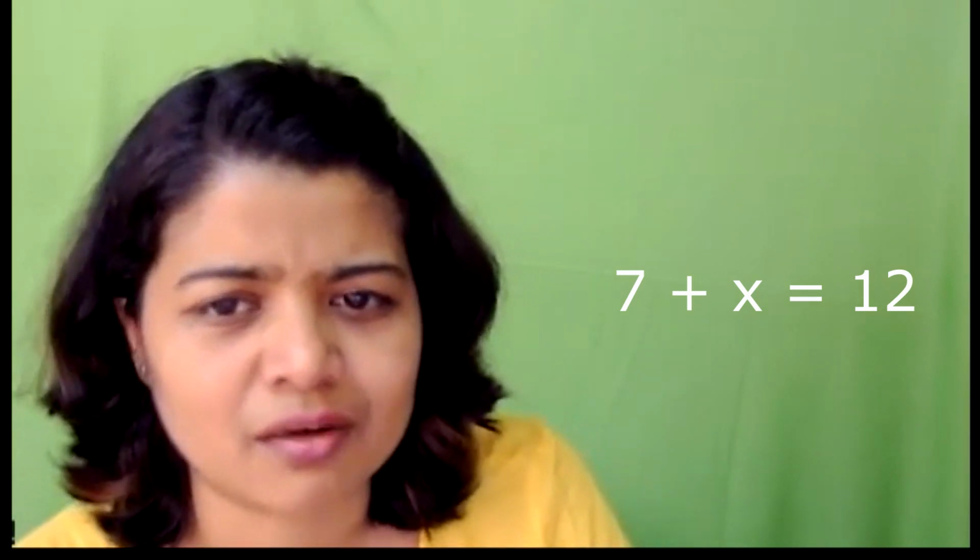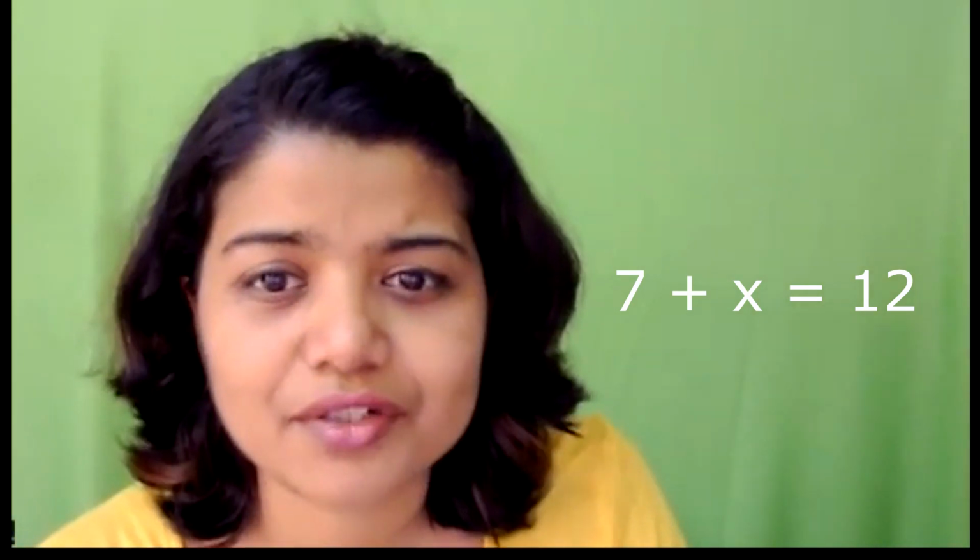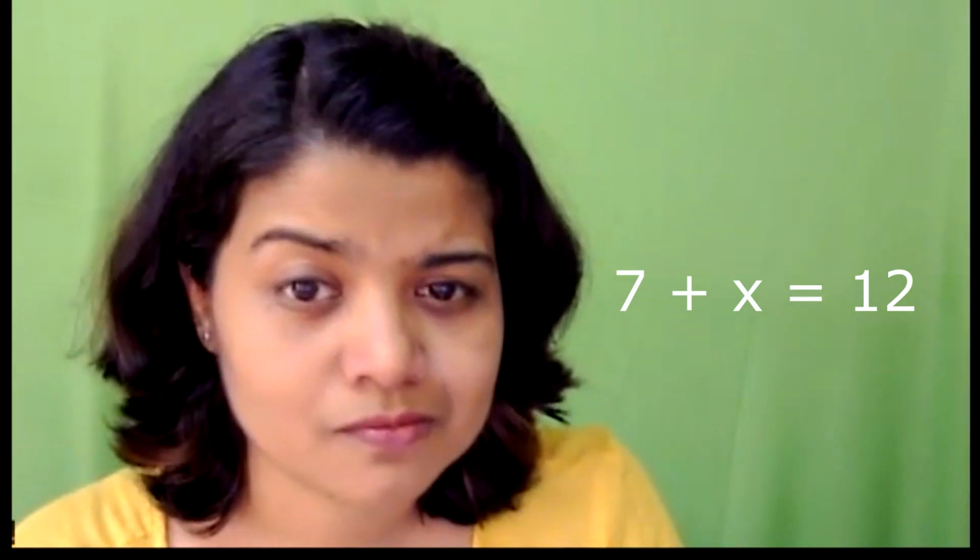There's some number which we don't know yet, and to find that number out, we use X, we use Y. For example, think of this one. 7 plus X equals 12. What is that mystery number which when added to 7 makes it 12?